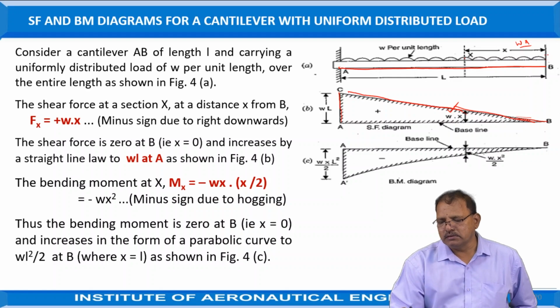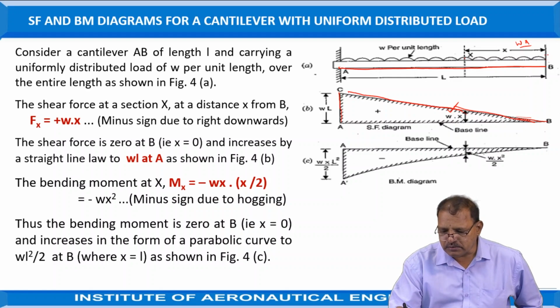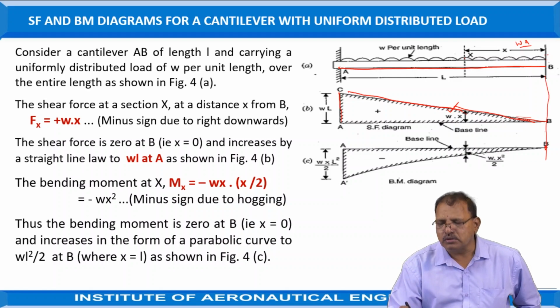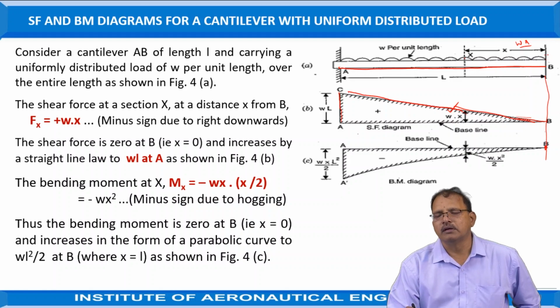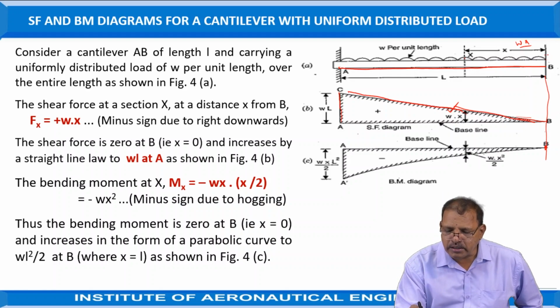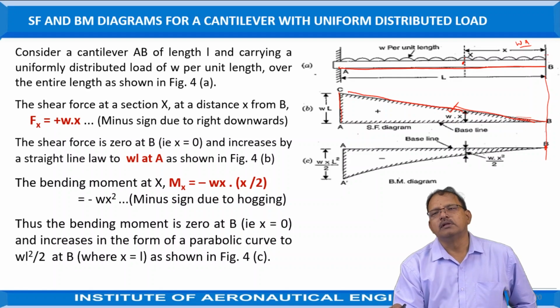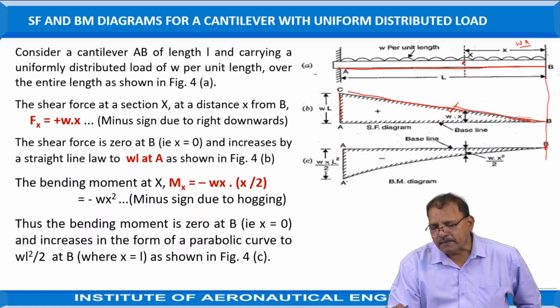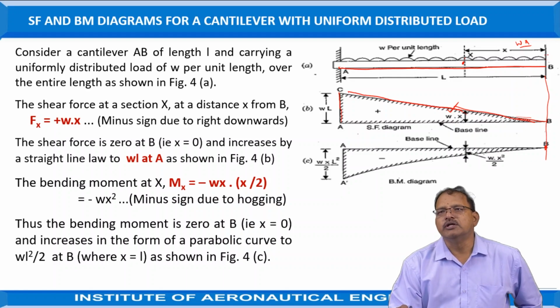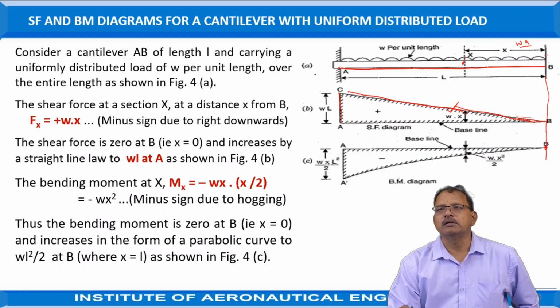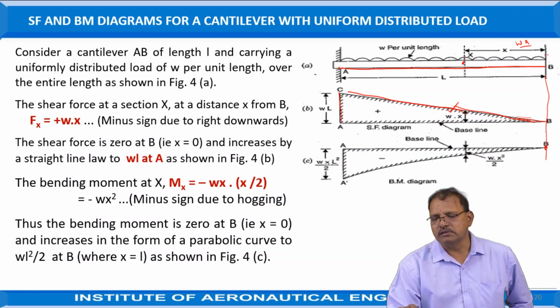Similarly, the bending moment at B is equal to 0. The bending moment at x is the product of the load multiplied by the distance between the point of application of the load and the reference.